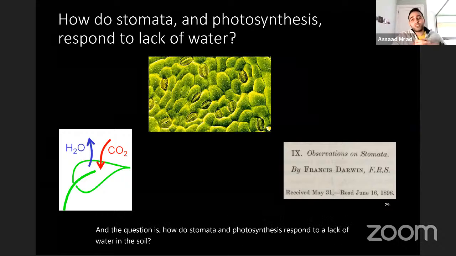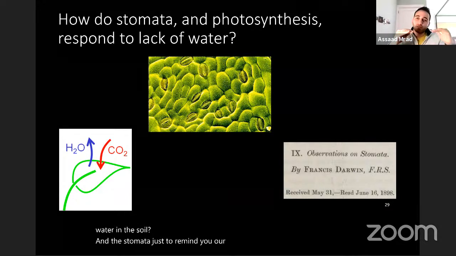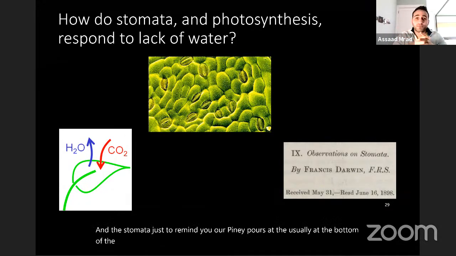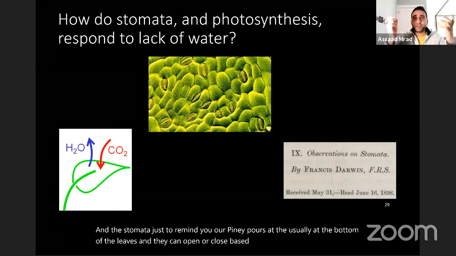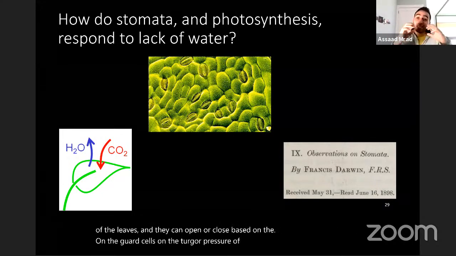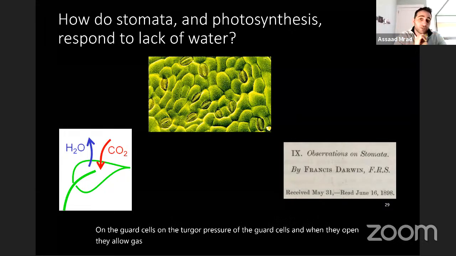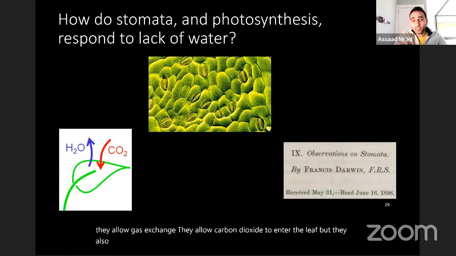And the stomata, just to remind you, are tiny pores usually at the bottom of the leaves, and they can open or close based on the trigger pressure of the guard cells. And when they open, they allow gas exchange. They allow carbon dioxide to enter the leaf, but they also allow water to leave.